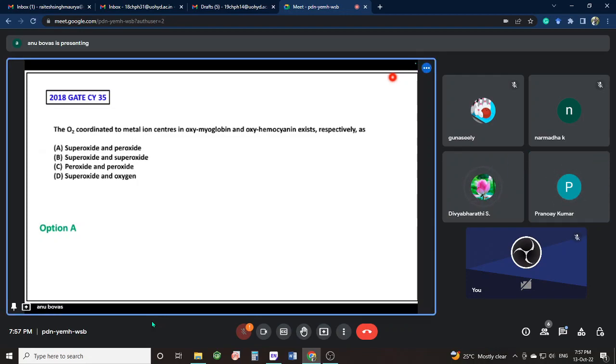Yeah, correct, option A. Oxymyoglobin is the first one asked, so it is superoxide. Oxyhemocyanin is the second one asked, that is peroxide. So the correct option is option A, superoxide and peroxide.